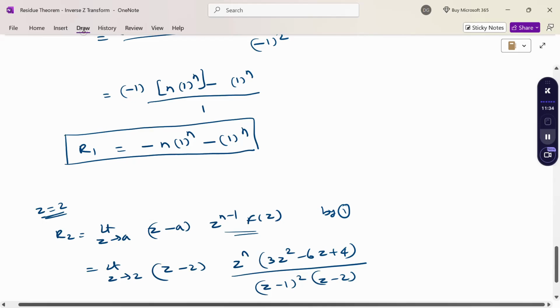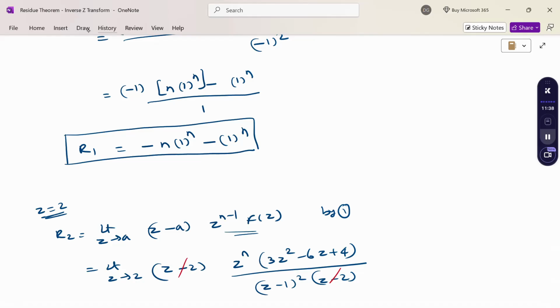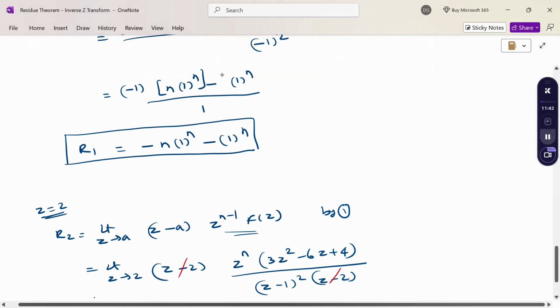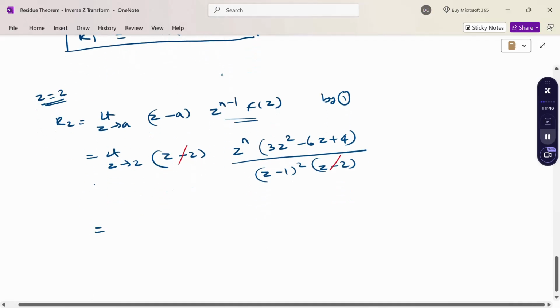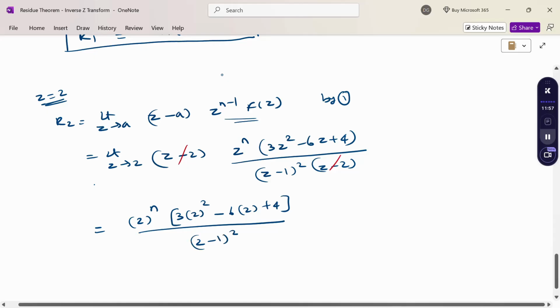Now to cancel this term, substitute z tends to 2. So 2 power n, 3 into 2 square minus 6 into 2 plus 4 divided by 2 minus 1 square.